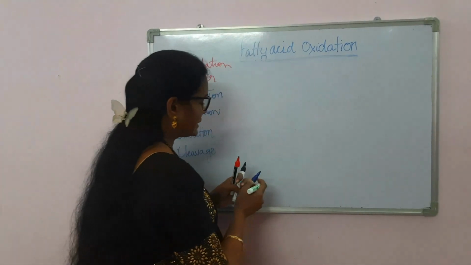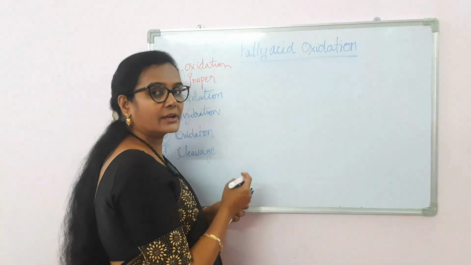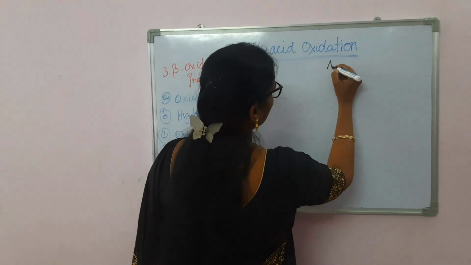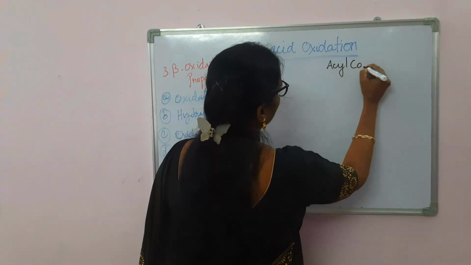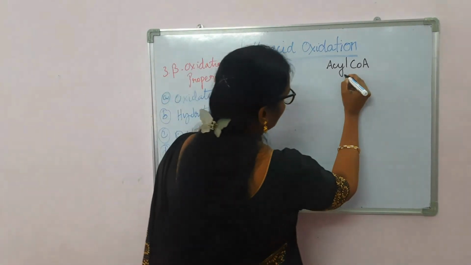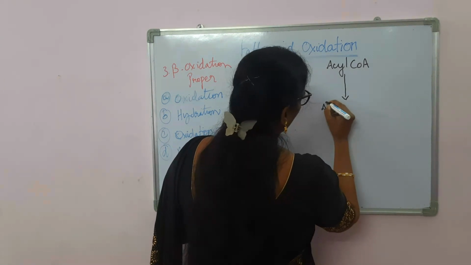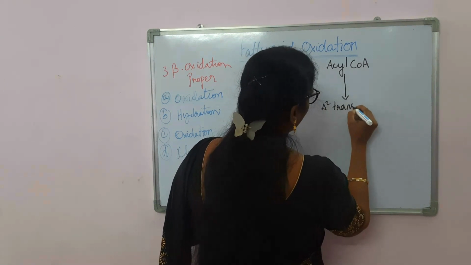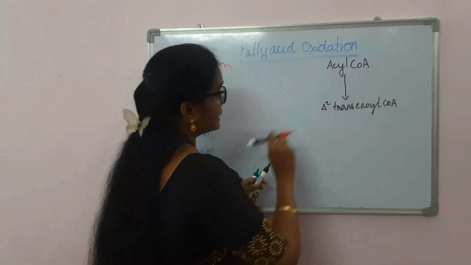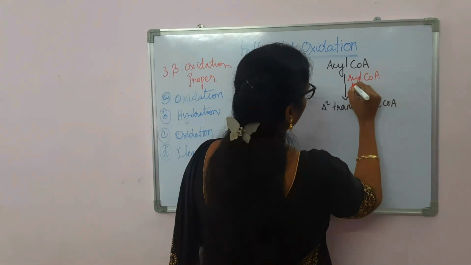So activated fatty acid, in the second step we learned how the activated fatty acid enters the mitochondrial matrix. So that is acyl CoA, which is in the mitochondrial matrix. So first step is it undergoes oxidation with the formation of trans-enoyl CoA. The enzyme responsible for this reaction is acyl CoA dehydrogenase.